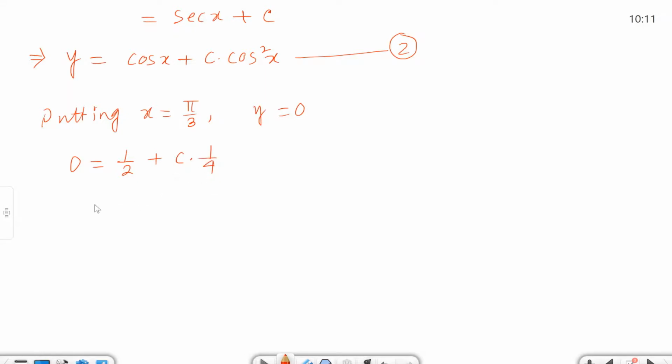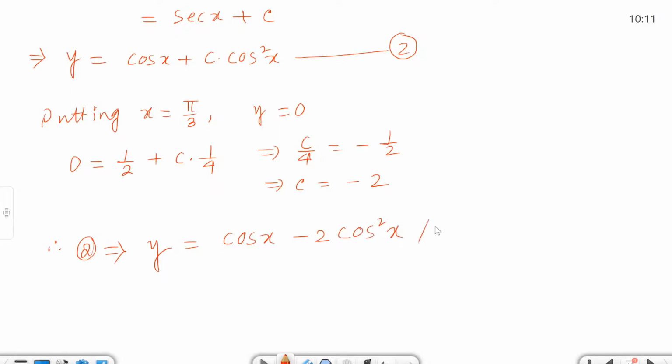So c by 4 is equal to minus 1 by 2, so simply c is equal to minus 2. Therefore, the solution is y is equal to cos x minus 2 cos square x. That is the solution of the problem.